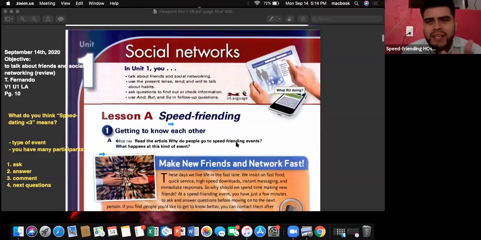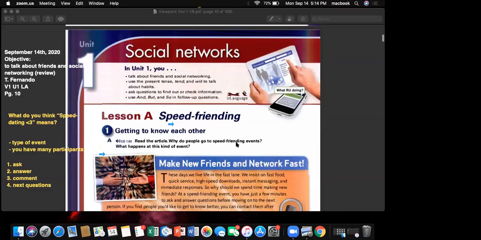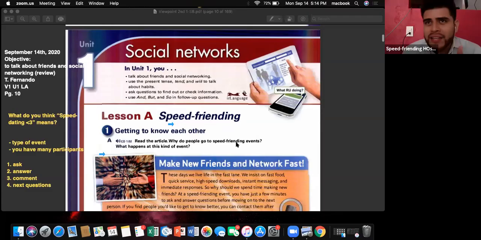And I was giving Ismael and Yasmin an example that I have a lot of networks. I have networks with my teachers, with my colleagues, with my family, with my friends, and with my students, because all of my students have different professions. Maybe they need help with something in English, and I can help them.